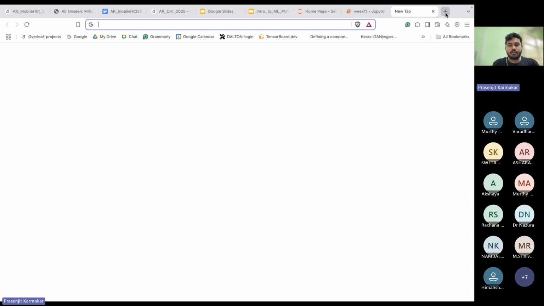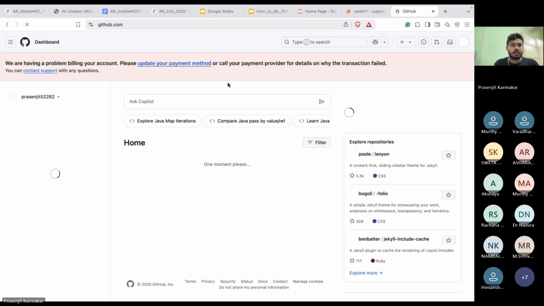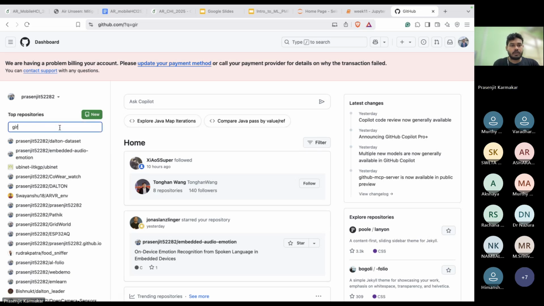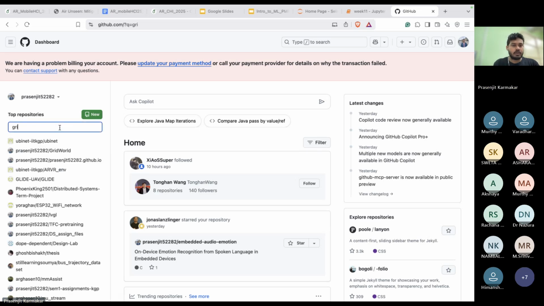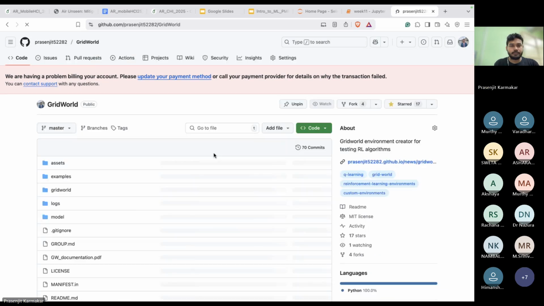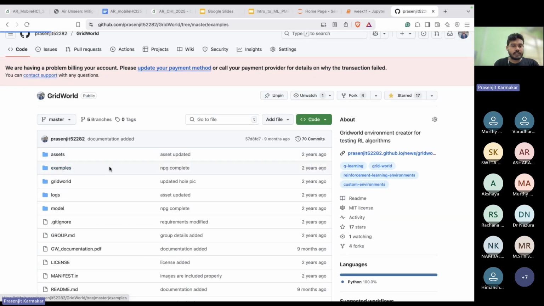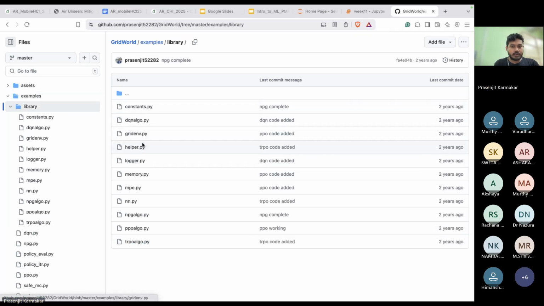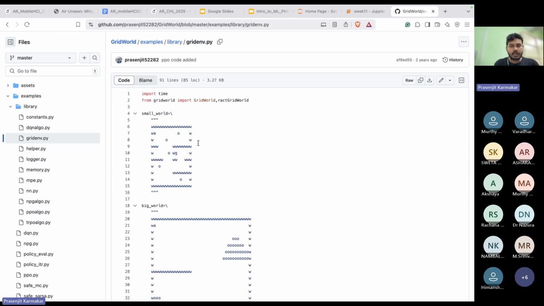Our world can be a little bit bigger. Let's take one of my grid world examples from GitHub, from the library, and take this world from ENV.